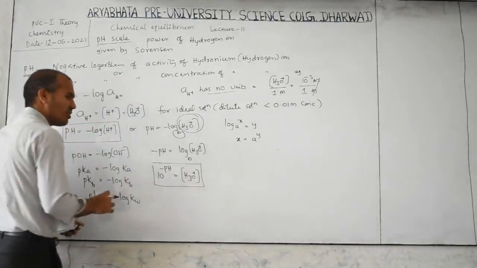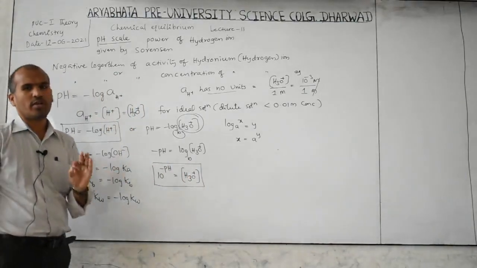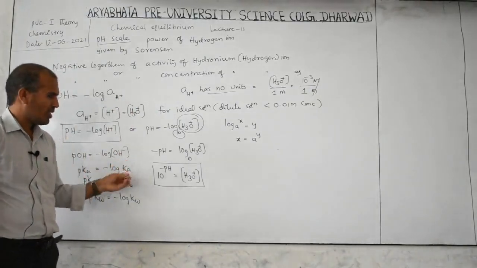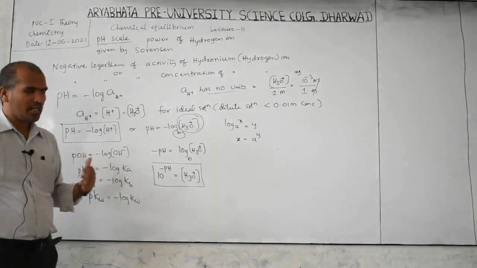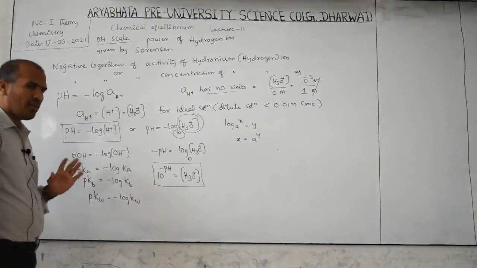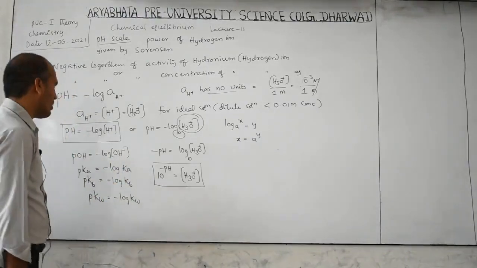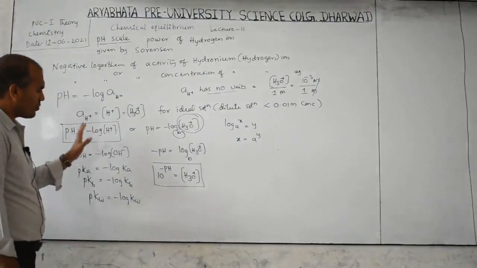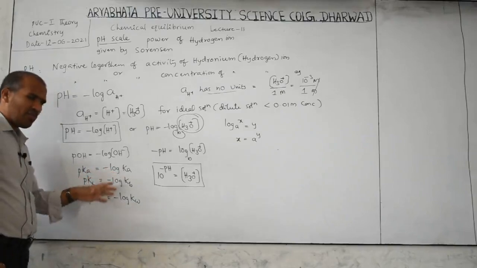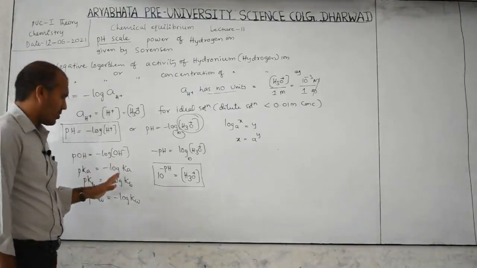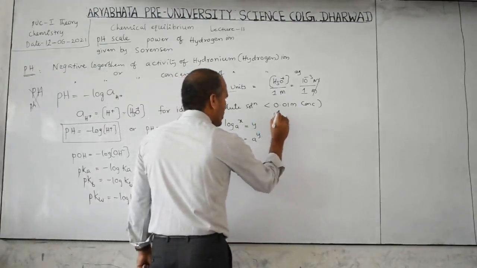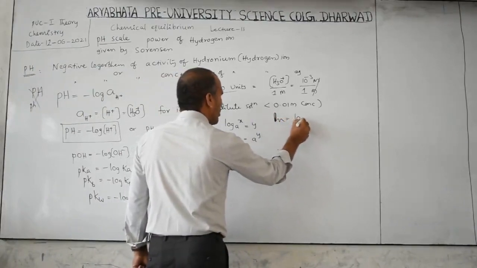If you know mathematics, think about all these problems with respect to your mathematical knowledge. Don't always think chemistry; in chemistry only words like H plus and pH will be there. For calculation, always think according to your mathematical knowledge. Clear? The same applies to this formula. All are base 10 form. You can write base 10 or not; generally it is not written. If you want to write it, no problem. But what does ln mean? Log base e.